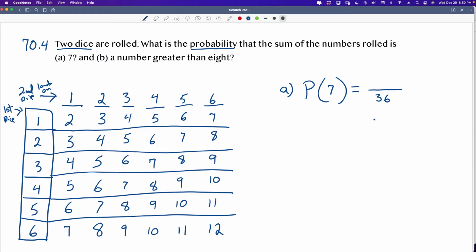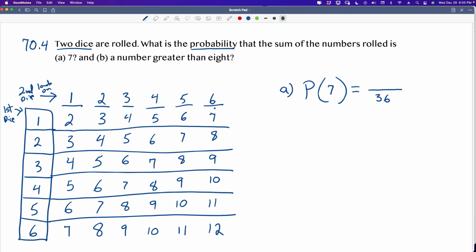And if you don't believe me, 1, 2, 3, 4, 5, 6, 7, 8, 9, 10, 11, 12, 13, 14, 15, 16, 17, 18, 19, 20, 21, 22, 23, 24, 25, 26, 27, 28, 29, 30, 31, 32, 33, 34, 35, 36 possible outcomes. Okay? Now, we need to know the number of times that those 2 dice rolled are going to equal 7 in the whole range of outcomes.